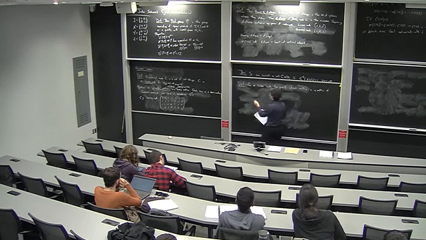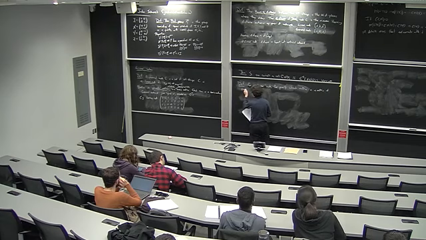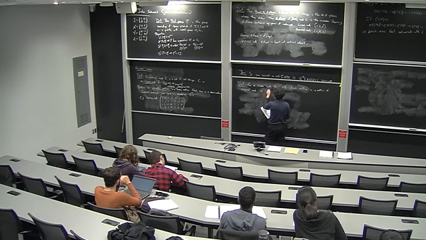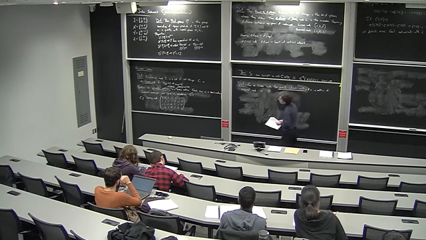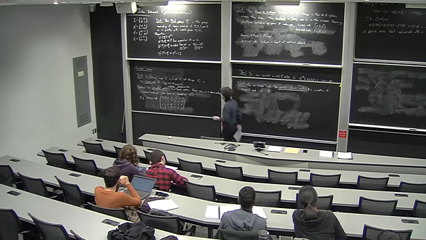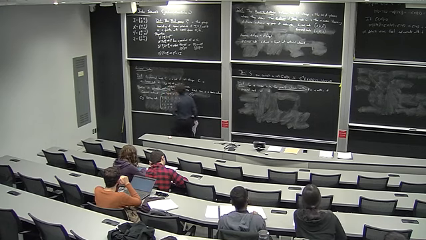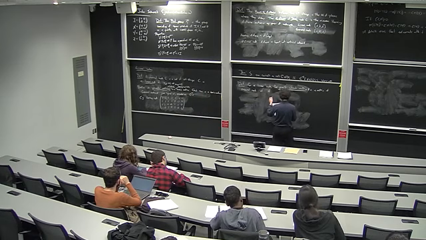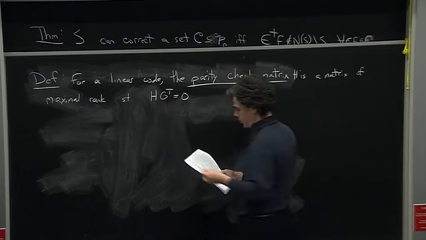It's a matrix of maximal rank that has this property. I'm going to write this as H, whereas the generator matrix was G. Given the generator matrix G, the parity check matrix has this property that H G transpose equals 0.